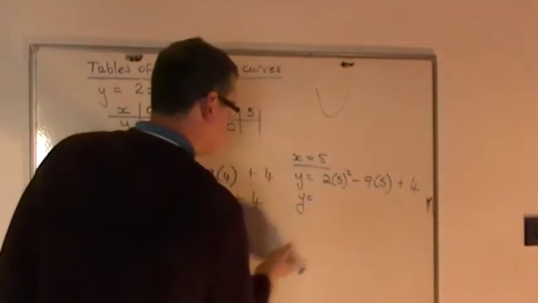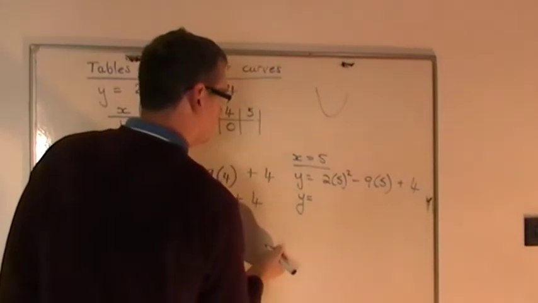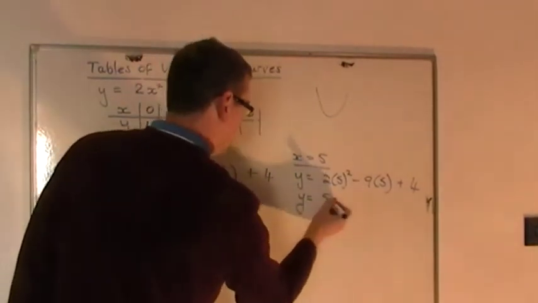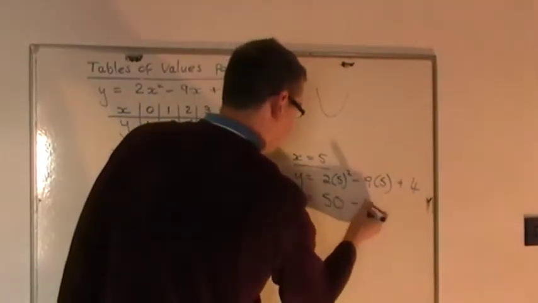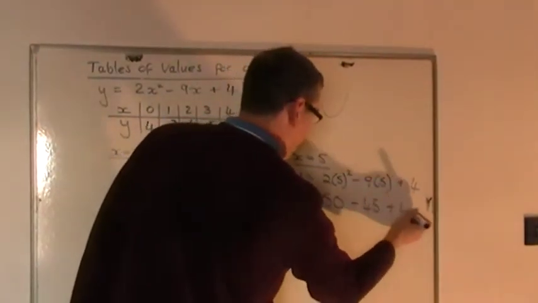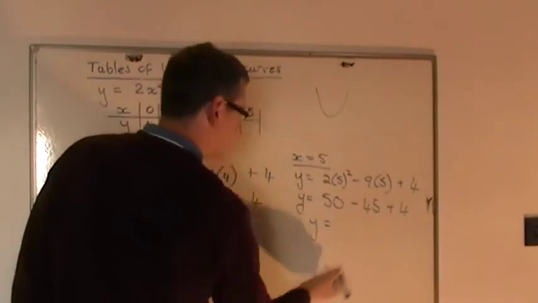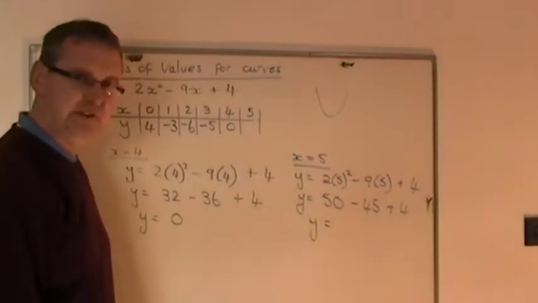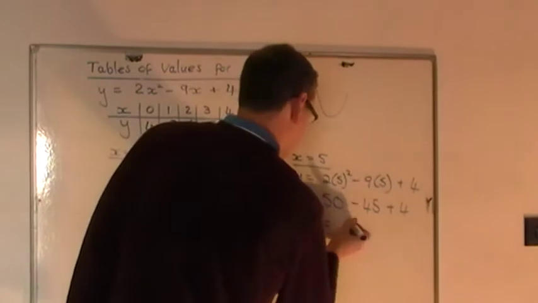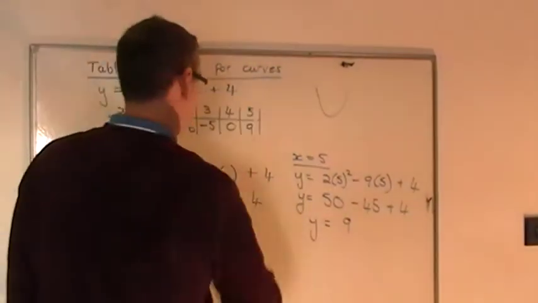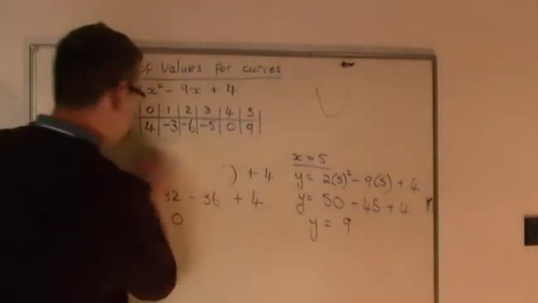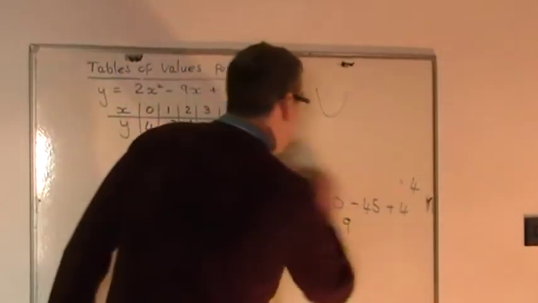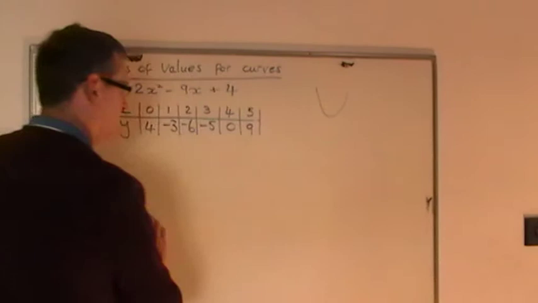So y turns out to be 5 squared, 25 times 2, 50. Minus 9 fives, that's minus 45, add 4. Y turns out to be 50, take 45 is 5, add 4, 9. So that becomes 9. So what you can see now is that we've got a table of values. I've worked out all 6 bottom lines for you.